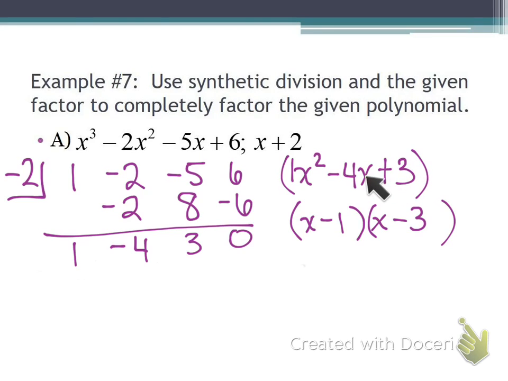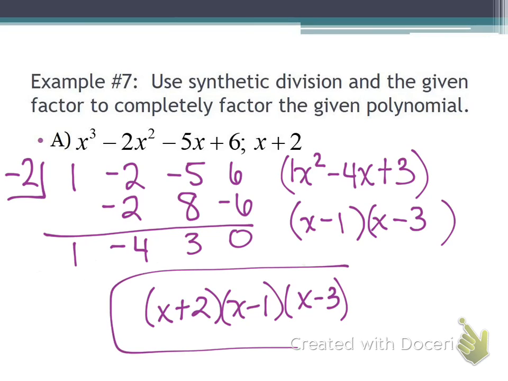We needed those numbers to multiply to 3, add up to -4. So for our whole answer, this is one of the factors, x plus 2. They gave us one of the factors. So if we're factoring it completely, x plus 2 is part of our answer. They gave us part of the answer in the beginning to help us get started. And then we found the other two factors.